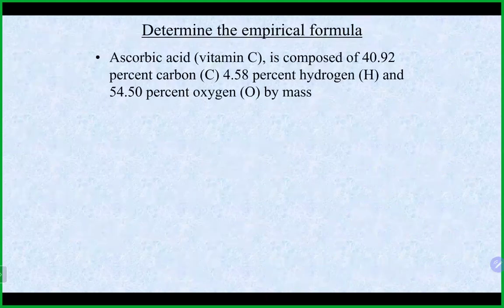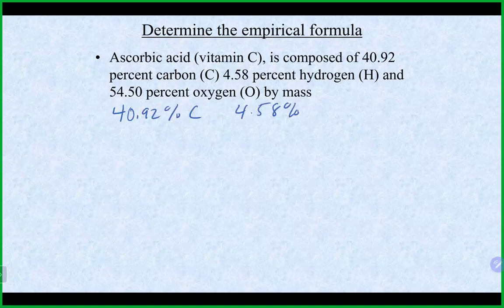All right, so let's take a look at one here. Let's say we wanted to calculate the empirical formula for this compound, and we have that it is 40.92% by mass carbon, 4.58% by mass hydrogen, and 54.50% by mass oxygen.